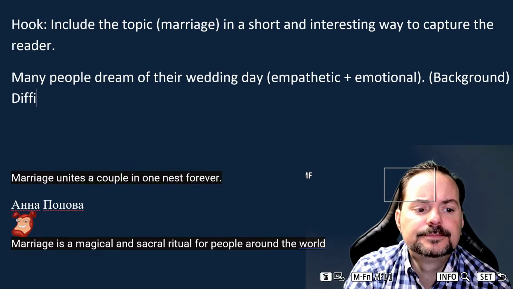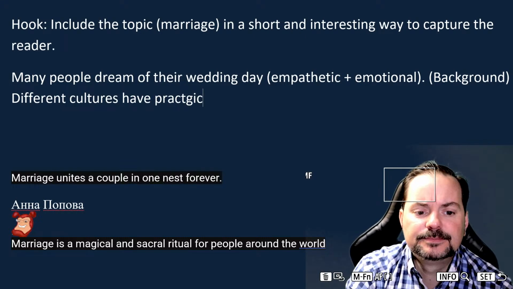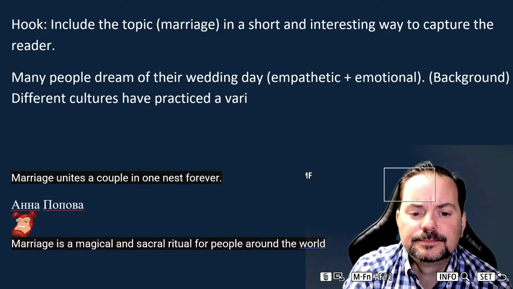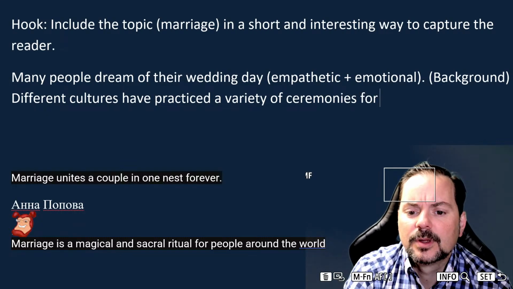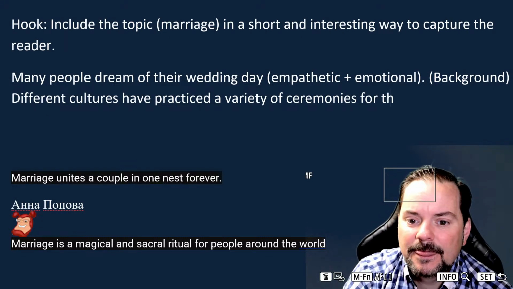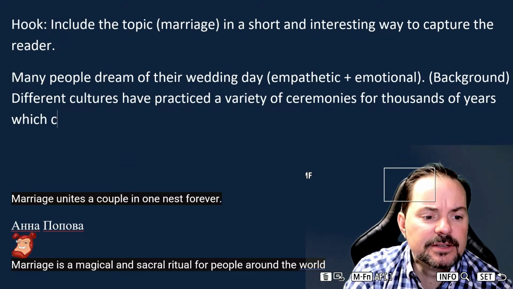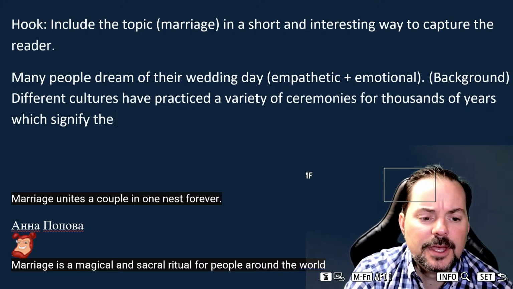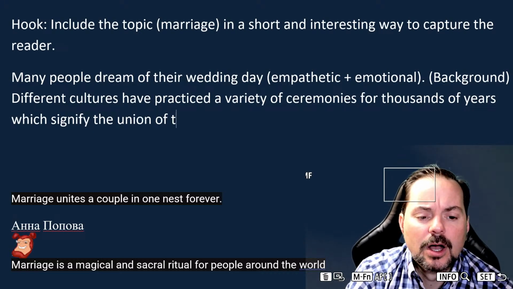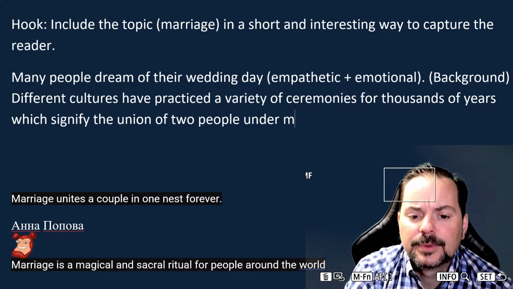Different cultures have practiced a variety of ceremonies for thousands of years, which signify the union of two people under matrimony.